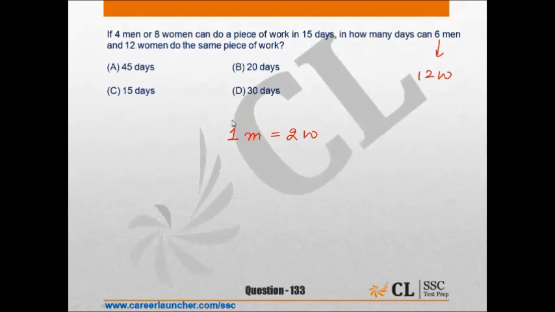Now in total, we have that 8 women complete a work in 15 days. So the 24 women will complete the work in 5 days, because the number of women is 3 times, the time would be 1/3 of 15, and that is equal to 5 days. So our correct option is not given in the question.